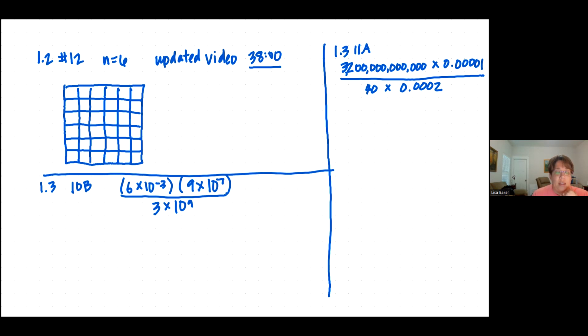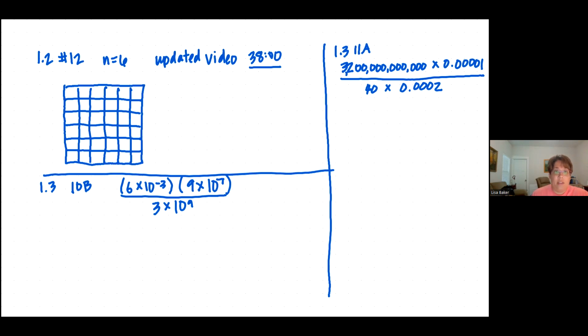I looked in WebAssign, and it looks like your version of this particular problem is n equals 6. So I want to make sure that you understand what they are asking. This is exactly what your square would look like.